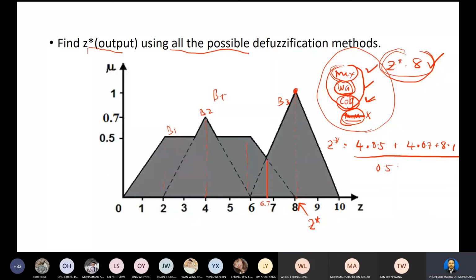So using your calculator, you can get the value here. What is the value for this one? Use your calculator to get the value here.